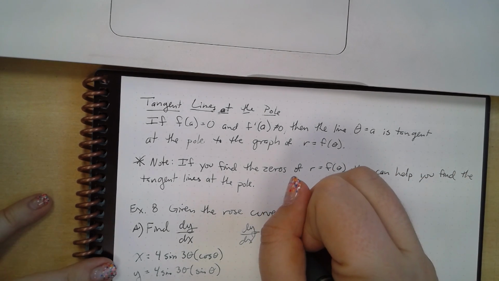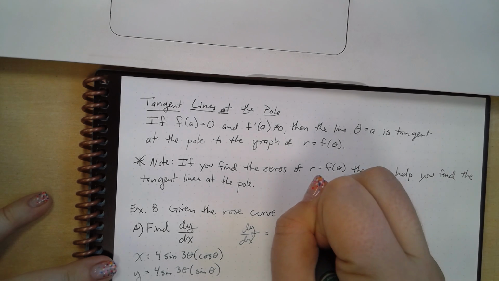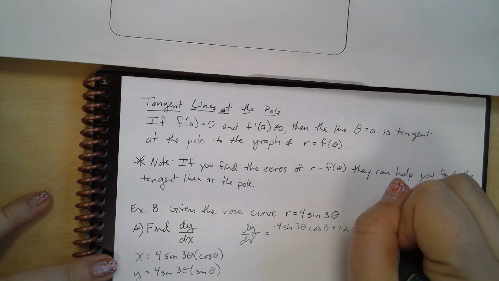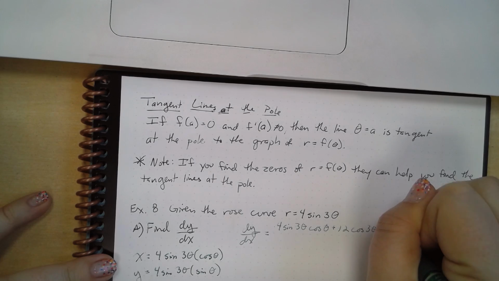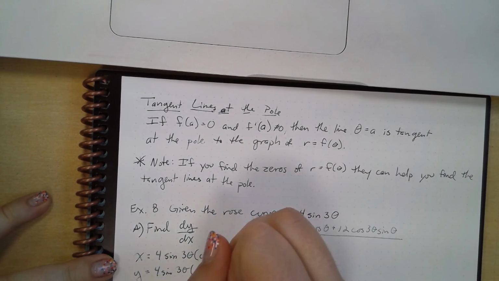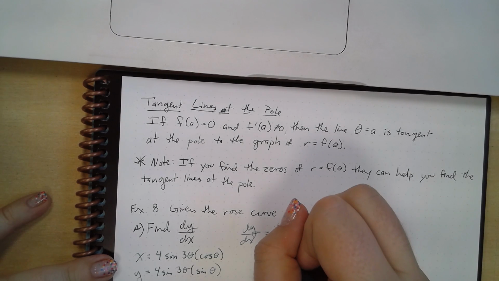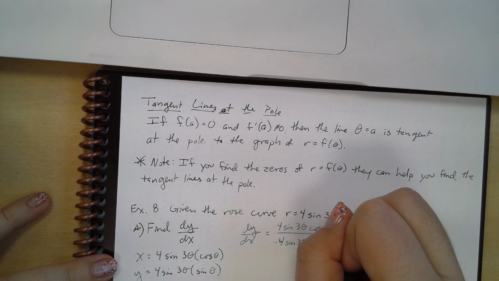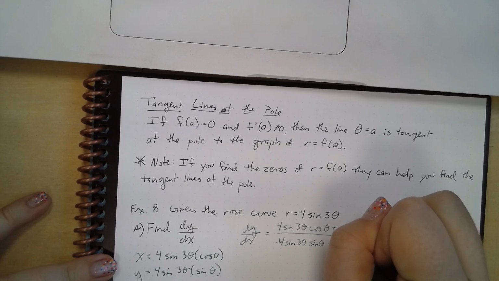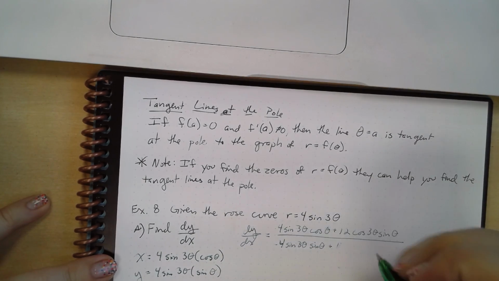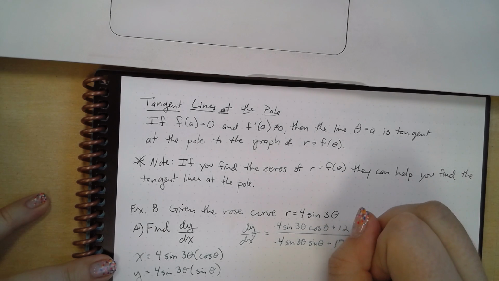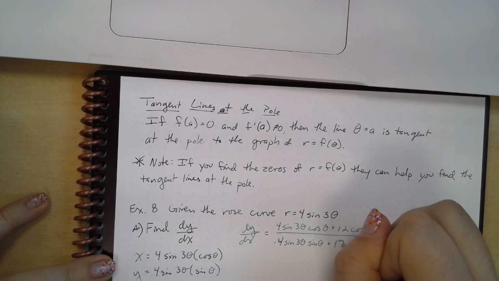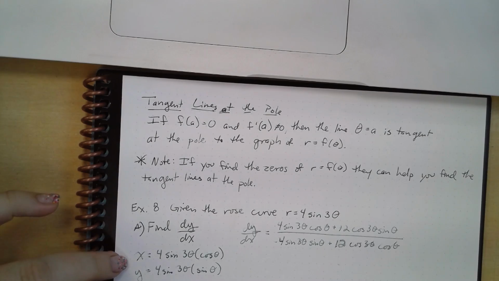So our derivatives here, we're going to have 4 sine 3 theta cosine theta plus 12 cosine 3 theta sine theta divided by, that was our dx, negative 4 sine 3 theta sine theta plus, that should be a 12, 12 cosine 3 theta cosine theta. Okay, so there's our derivative.